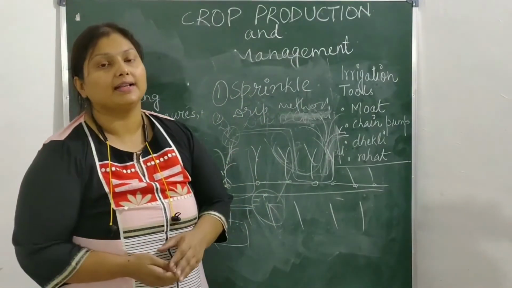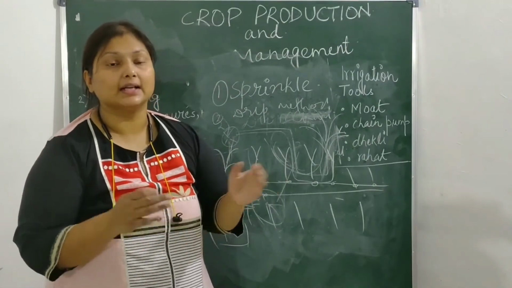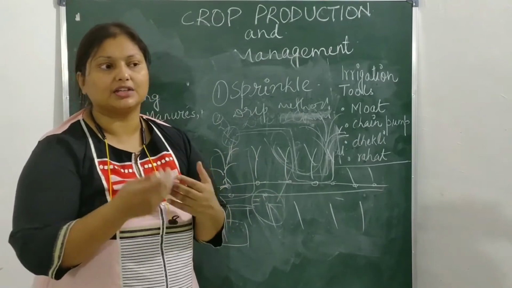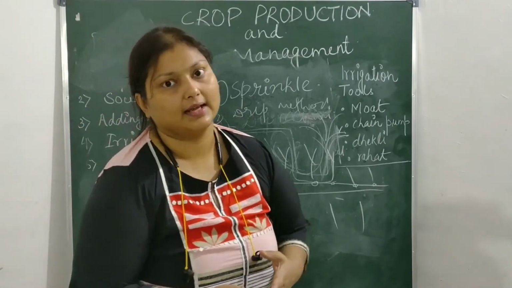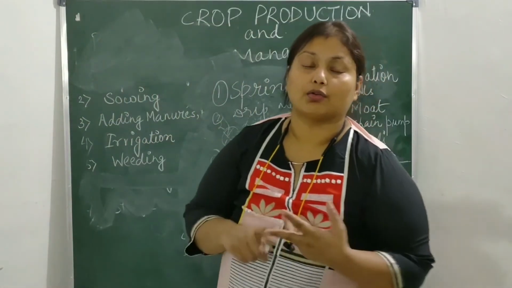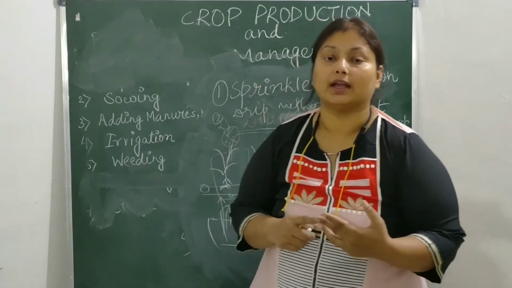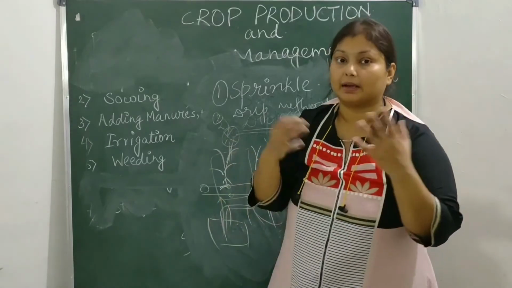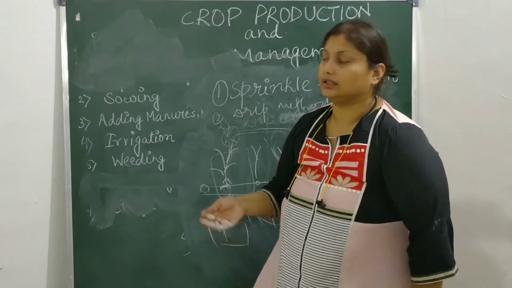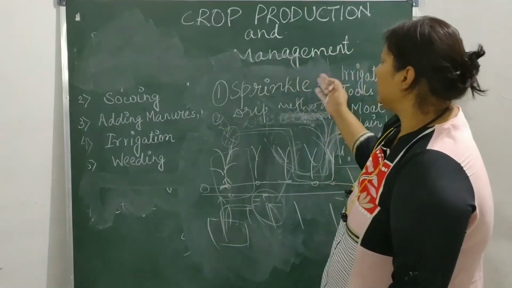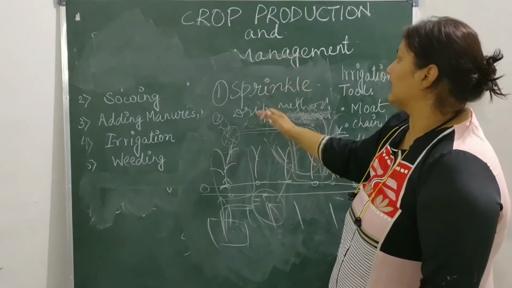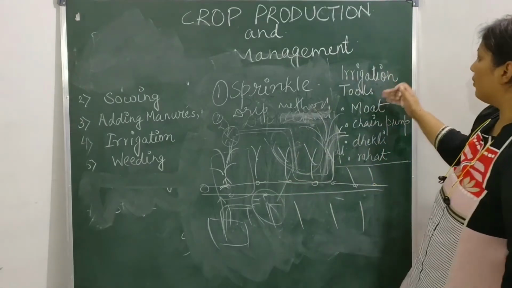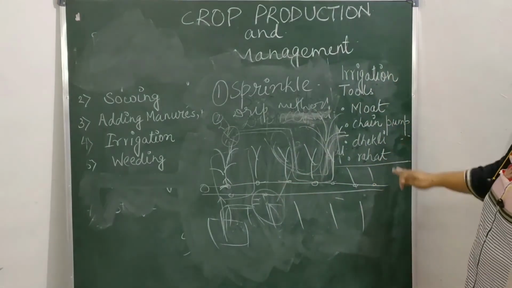But the irrigation process depends on the area, place to place, soil to soil, crop to crop. So the irrigation method depends on factors like the climate, the quality of the soil, and the temperature. The modern techniques of irrigation are the sprinkler and drip methods, and the traditional ones are the moat, chain pump, dhekli and rod.